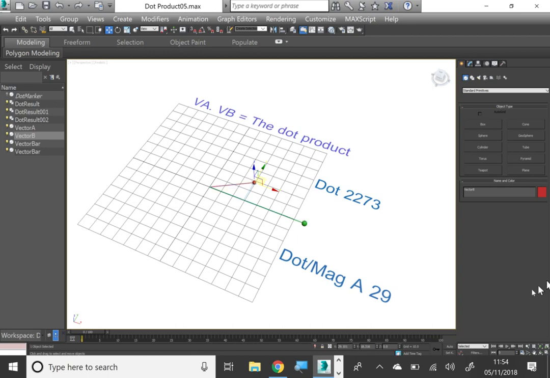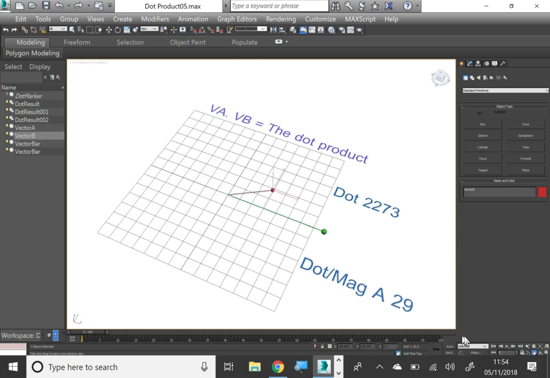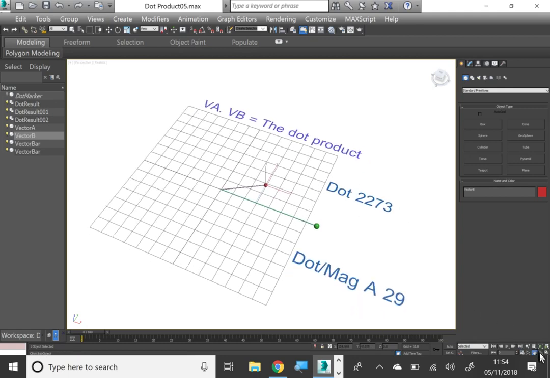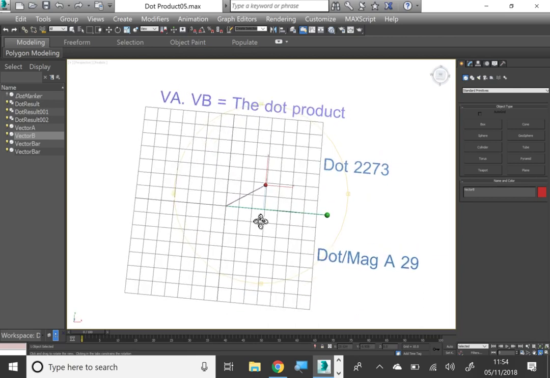So let me just show you. Let's see what happens when I move along perpendicular to that green vector. You can clearly see the dot value changing. So the output from this, the dot product, changes. And if I move it up and down, the dot value doesn't change at all.